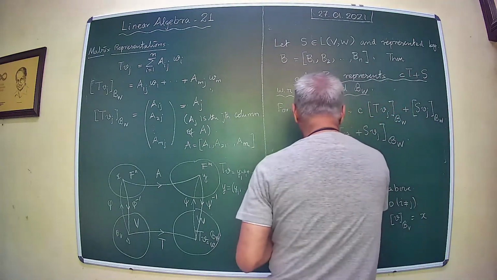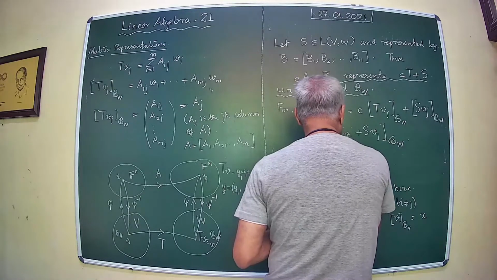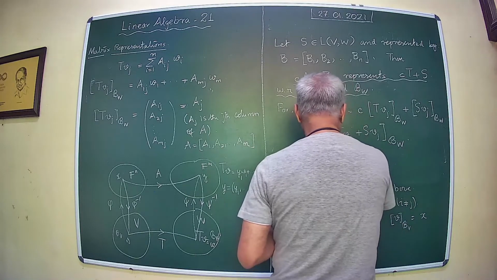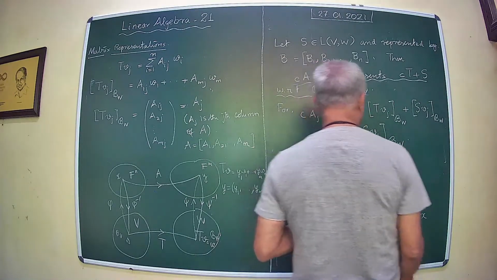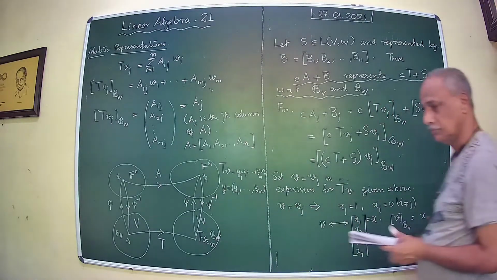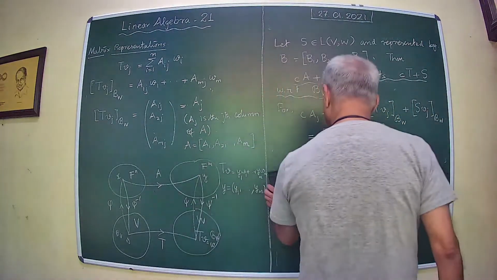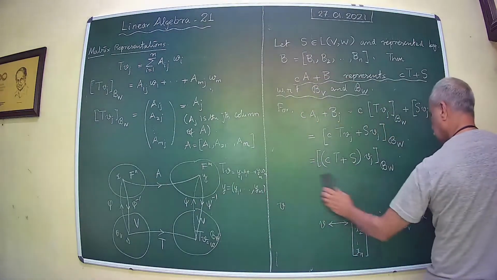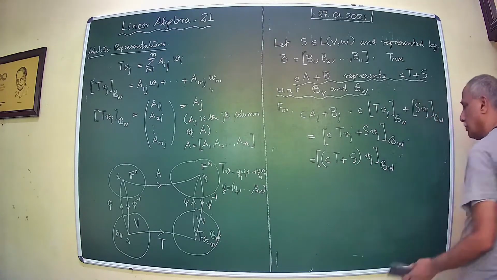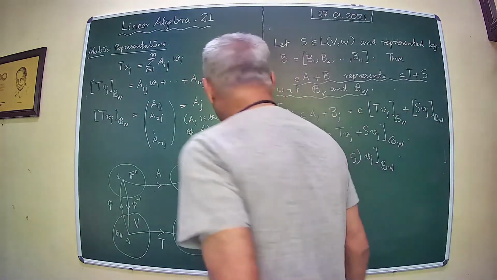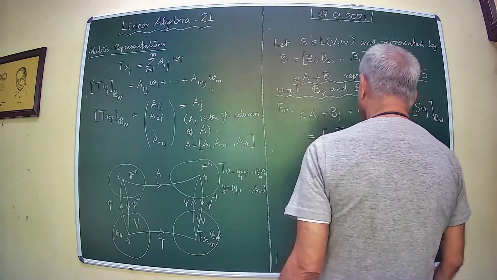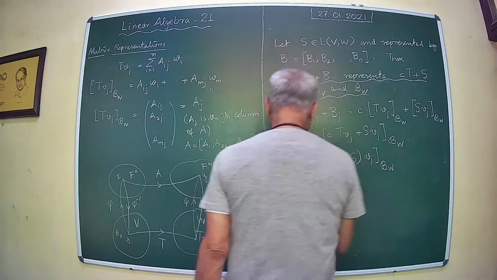Now this is equal to cT plus S with respect to BW. What does it mean? It means that the jth column of the matrix representing cT plus S is given by cAj plus Bj.